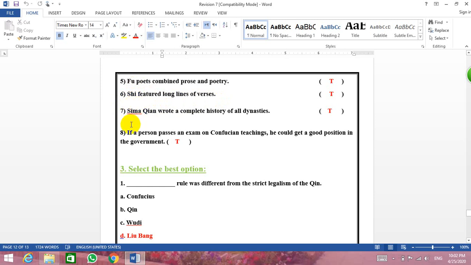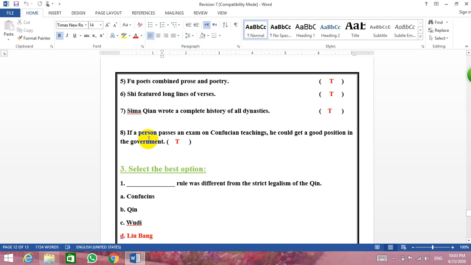Number 7, Sima Qian wrote a complete history of all dynasties. Yes, that one is true. He was the person from whom we got a lot of information, because he wrote the history of mostly all the Chinese dynasties.